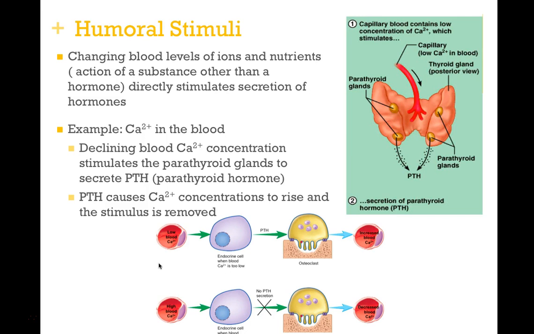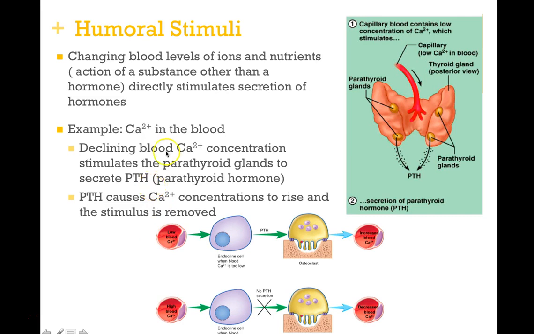So first we'll start off with humoral stimuli. Humoral, I want you to think of fluid because the anatomists or scientists back centuries ago used to think inside our body was made up of a bunch of humors or fluid. It wasn't until they started dissecting corpses that they realized that was not the case.